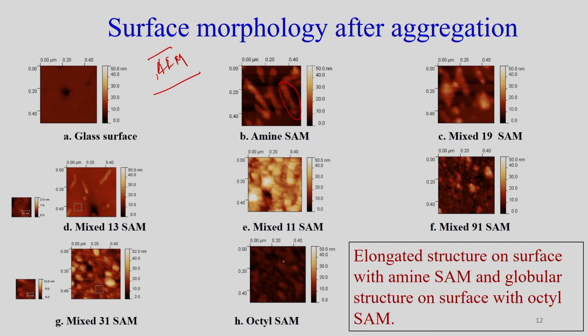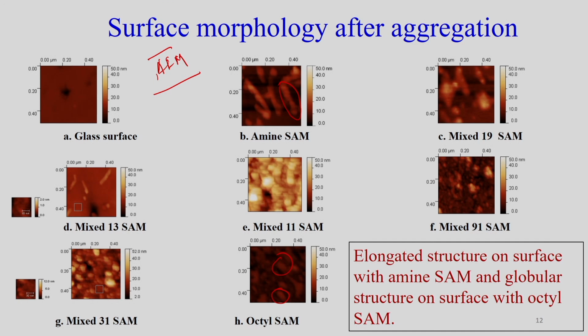And if you go for the octyl or hydrophobic surface, we can see the globular structure, and in between, here we are decreasing the amine fraction and adding the octyl fraction.